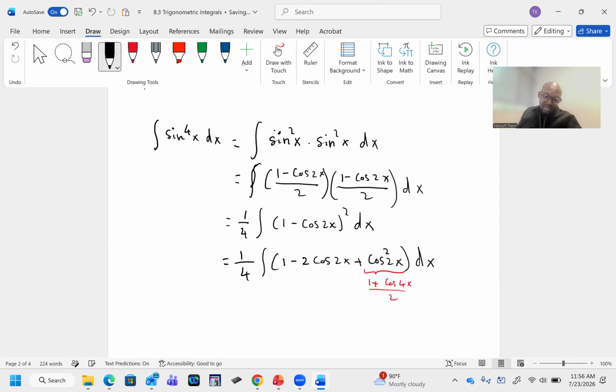So my integral will become 1 over 4 integral of 1 minus 2 cosine of 2x plus 1/2 plus 1/2 cosine of 4x dx. Do you get it? I just take 1/2 cosine of 4x.